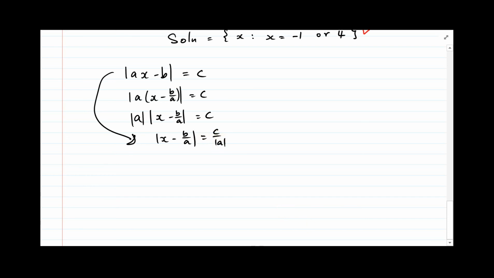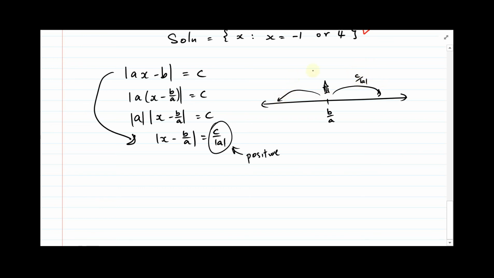And this will tell me the place on the number line that I start, which is b over a, and my movement, c over the absolute value of a, on the left or on the right.